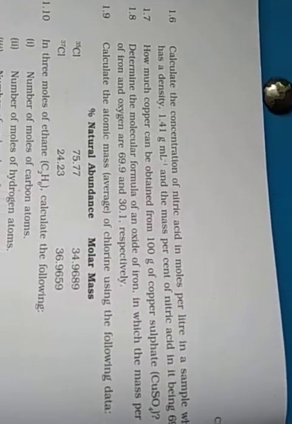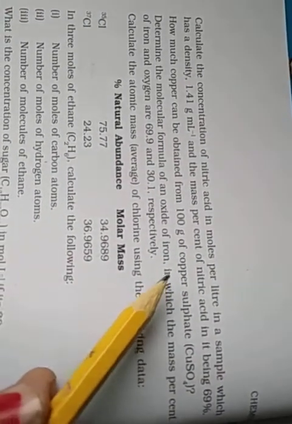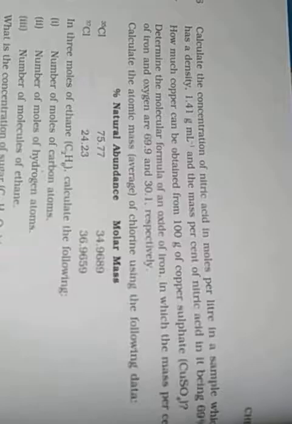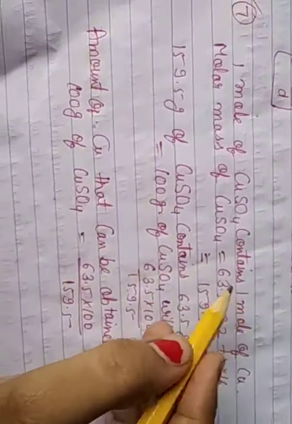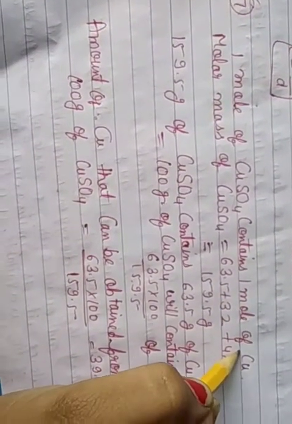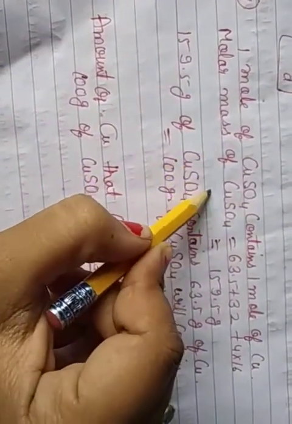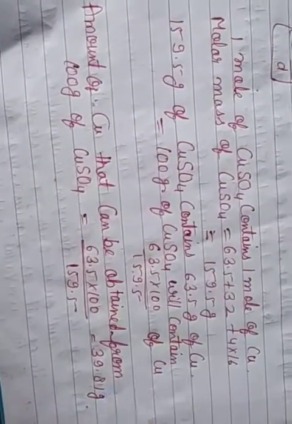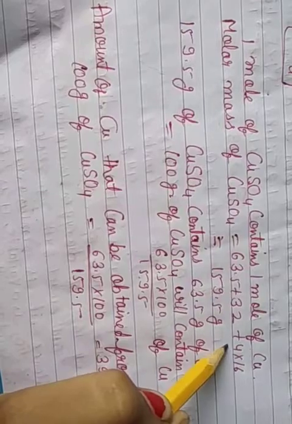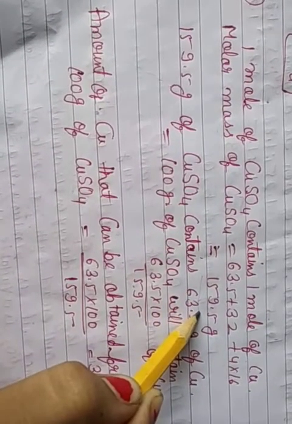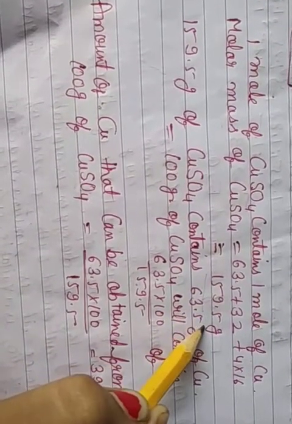Question number 7. How much copper can be obtained from 100 gram of copper sulfate, CuSO4? So 1 mole of copper sulfate contains 1 mole of copper. The molar mass of the copper sulfate: copper is 63.5, sulfur is 32, oxygen 16 multiplied by 4. So copper sulfate molar mass is 159.5 gram.